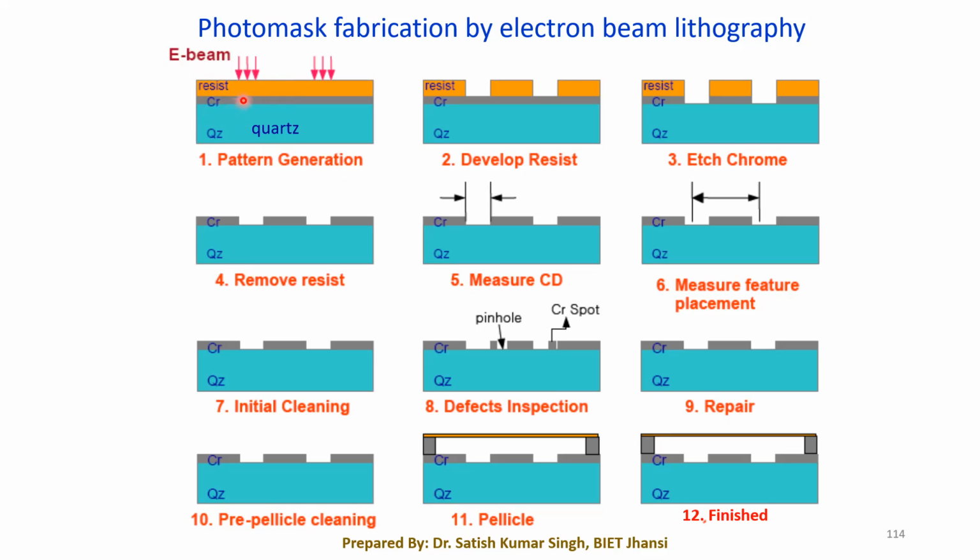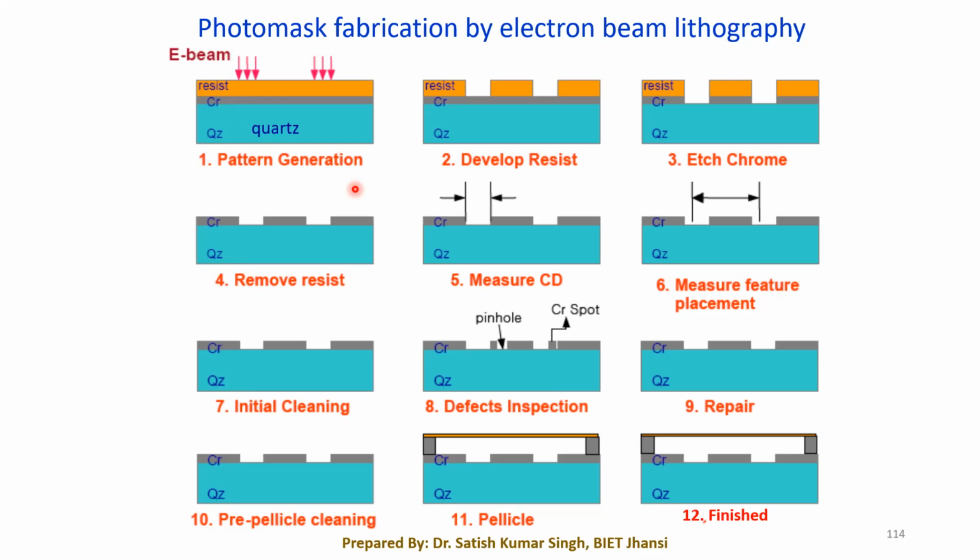Now, when we have an electron sensitive photoresist, we have to apply very focused electron beams. Let us say we want to make a pattern on this. A focused electron beam is applied, and a particular pattern generator will be used, based on the design of your photomask. When we make a design on the computer using CAD tools or some other tools, it will have a pattern generation.